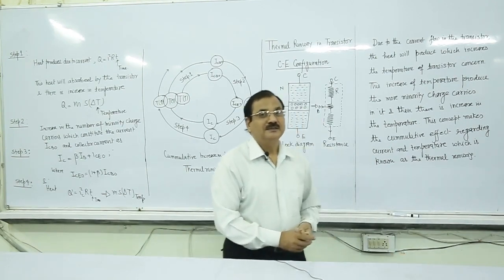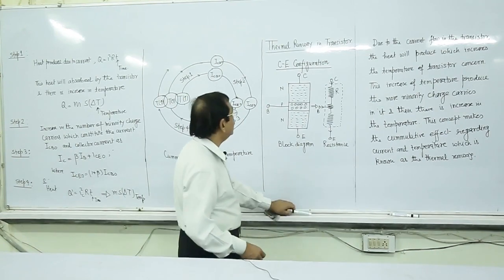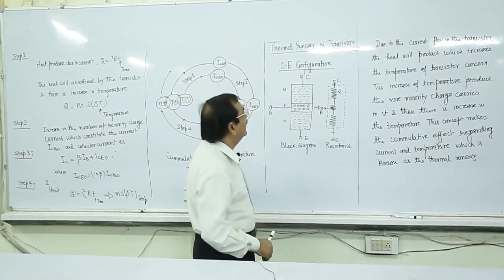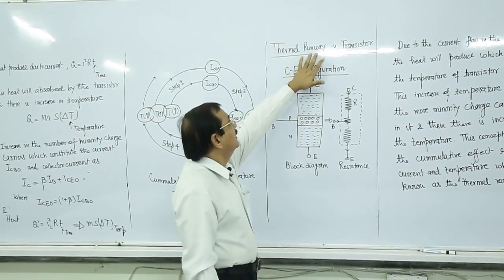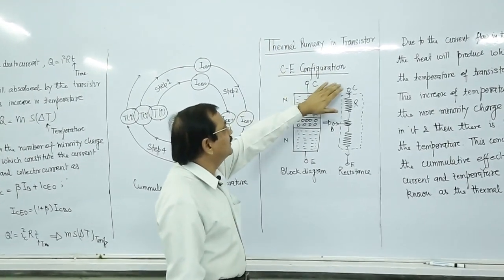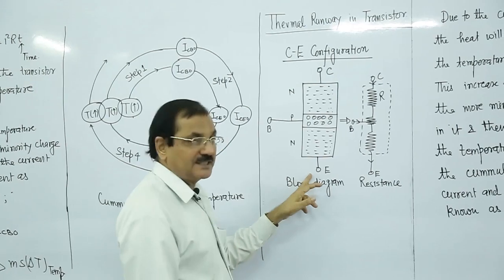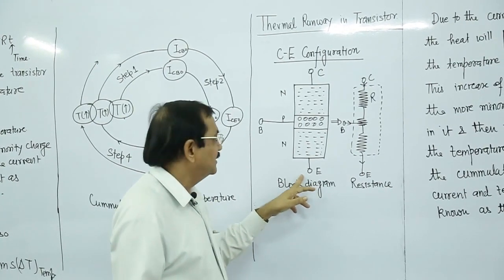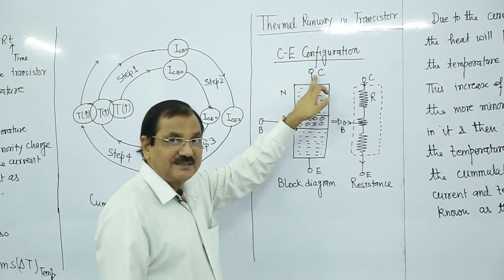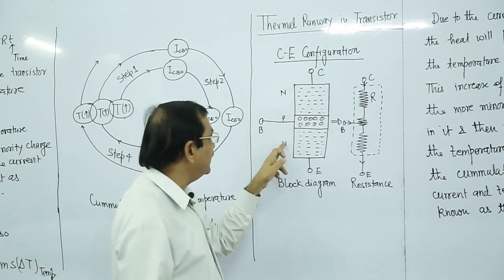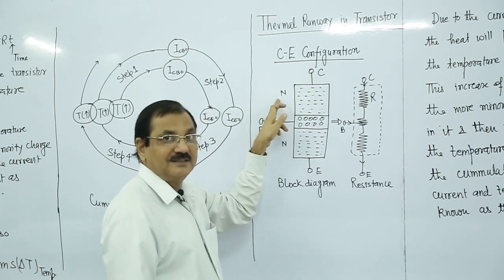So this part is thermal runaway in common emitter configuration. We have the emitter grounded, it is common, and here it is base and collector. Consider an NPN transistor.